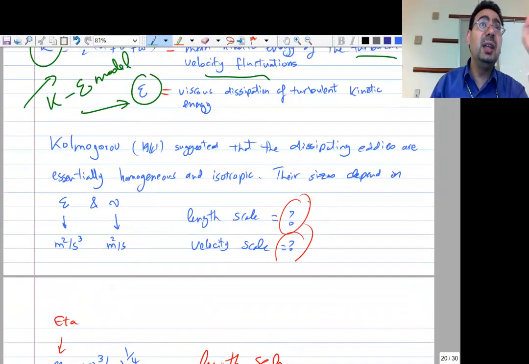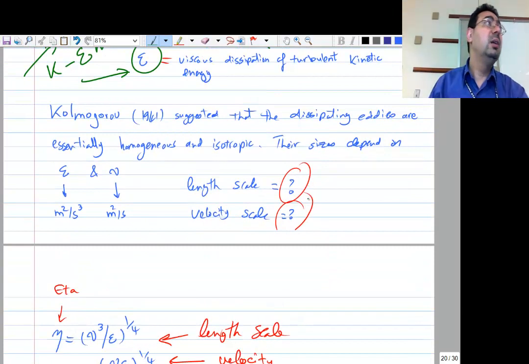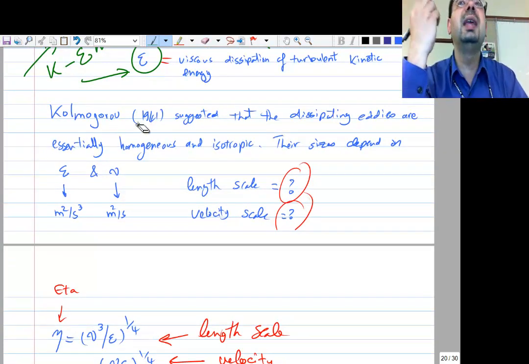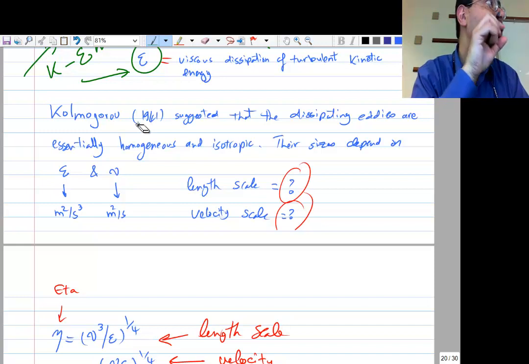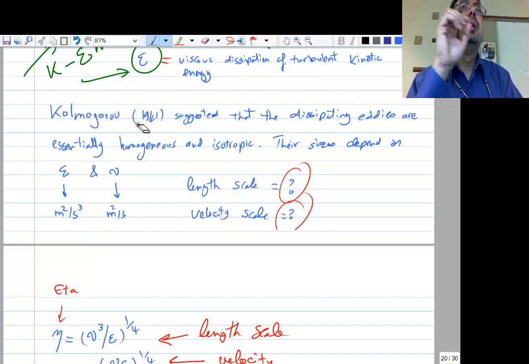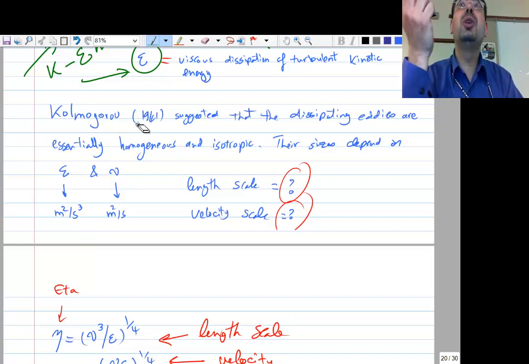So the model, this closure problem, comes at the end, basically realizing that at the smallest tiny level, the smallest scale that will exist is something called the Kolmogorov length scale. So that is kind of the tiniest eddy that would exist. Those tiniest ones in the flow are basically the ones that are really isotropic. Those are called isotropic turbulence.